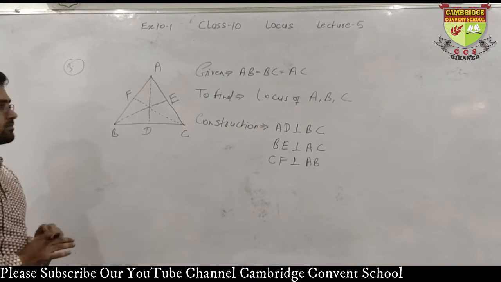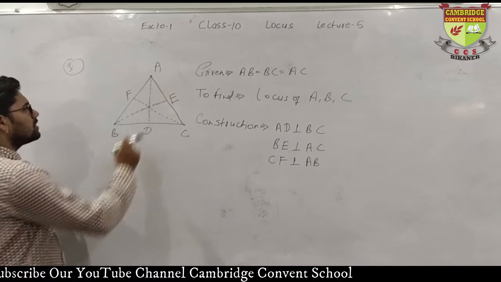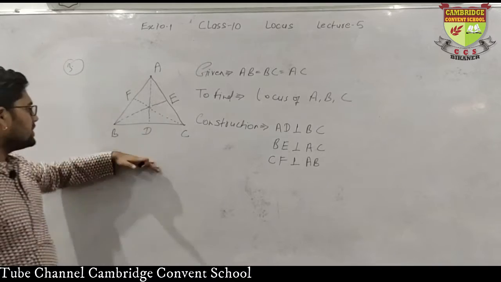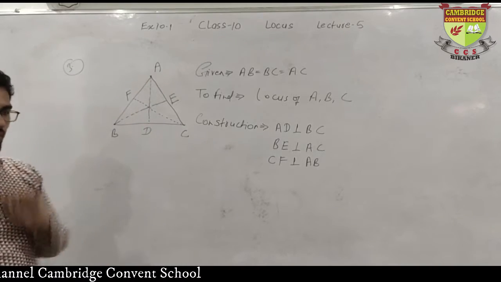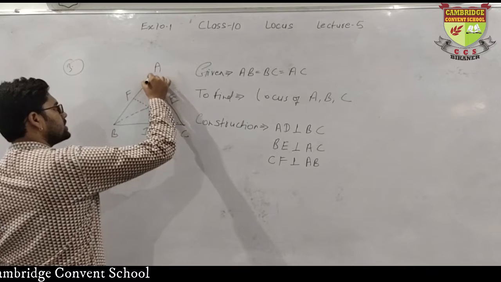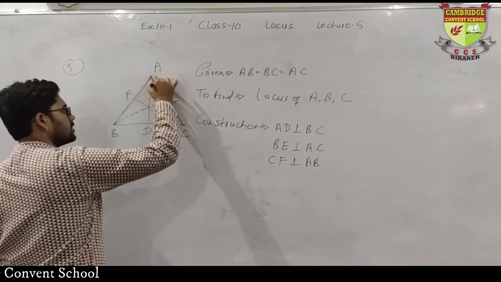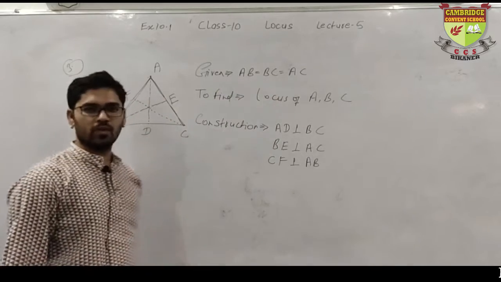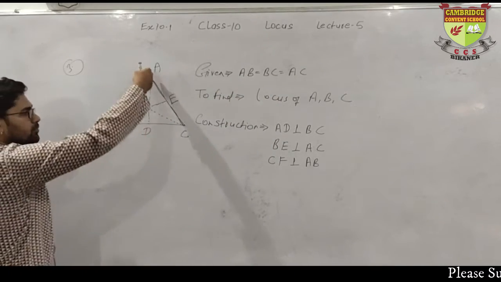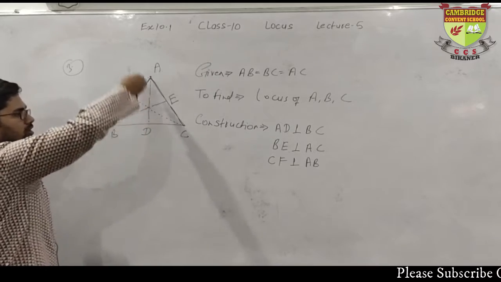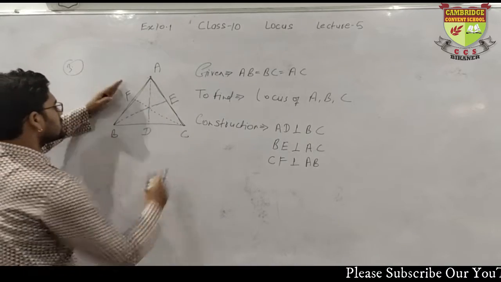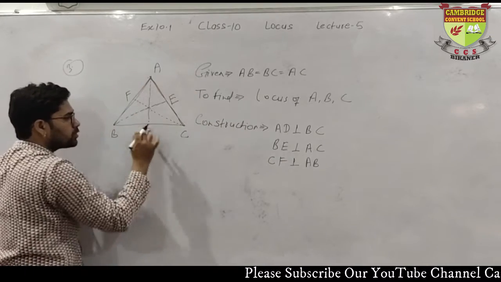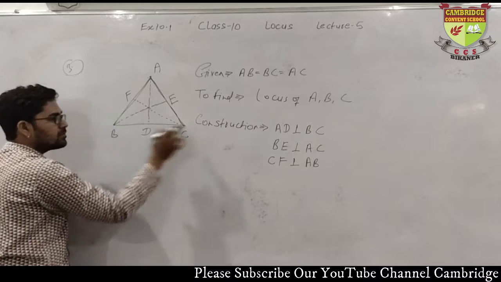Now notice one thing, that all these sides are equal, that means AB, BC, AC are equal. This side is equal to this side, AB is equal to AC. If I put a perpendicular on BC, then because these 2 sides are equal, due to this perpendicular BC will be bisected.